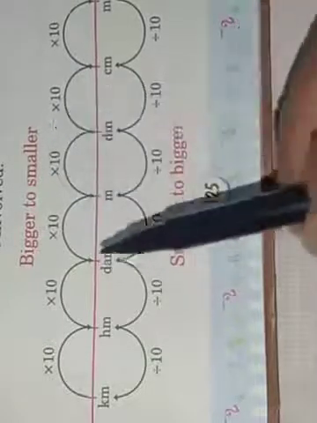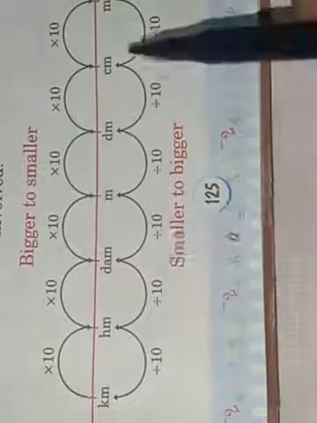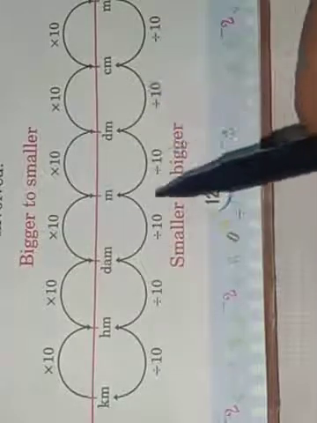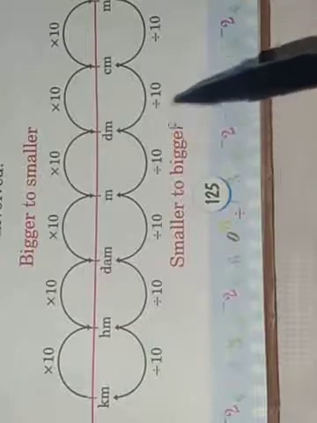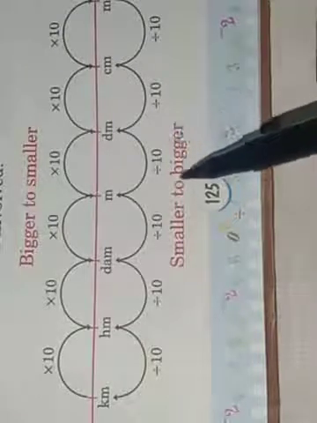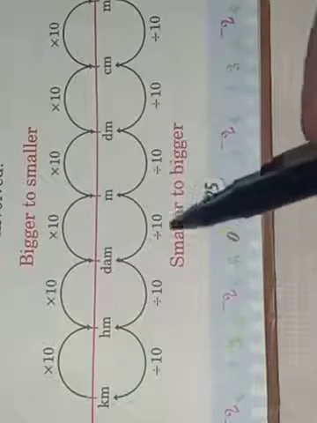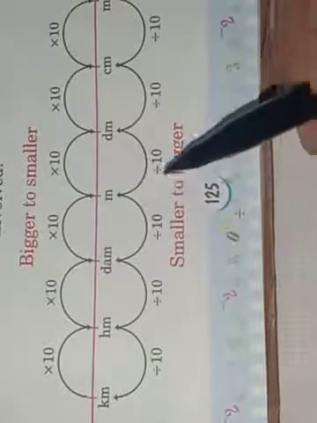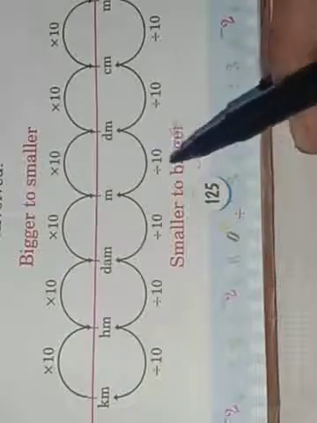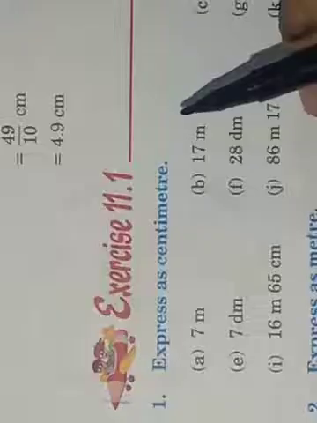Similarly, for converting a smaller unit to a bigger unit, we divide the smaller unit by 10 or by a multiple of 10 depending upon the units involved. Okay. So let's start the exercise 11.1.